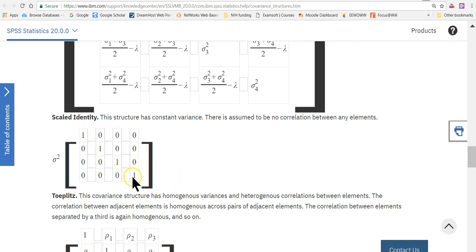And the diagonal is basically variance 1 by variance 1, 2, 2, 3, 3, and 4, 4, and 5, 5, and so forth. So we have 1, 2, 3, 4, 5, 6, 7, 1, 2, 3, 4, 5, 6, 7 corresponding to visits. And this type of matrix only applies to the within subject variable.